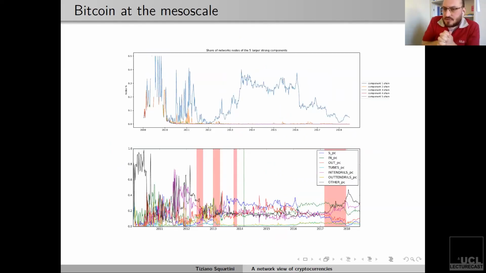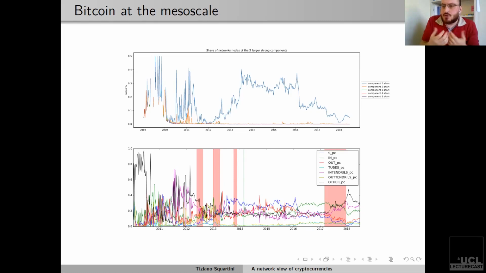And we found evidence of this bow-tie structure especially in a period of 3 years, from 2013 to 2016. In that period, you have a quite large core, which is larger than the peripheral part.